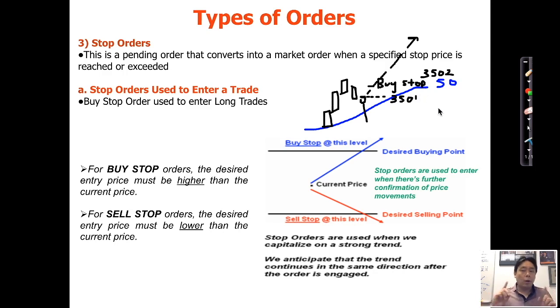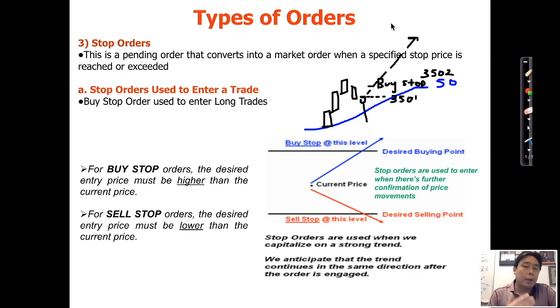Okay, so what does it mean? It means that if the price goes up as I anticipate and hits this stop price called 3502, it would trigger and convert into a market order and buy it right at that market price, which would hopefully be about 3502 or at the very most 3503, and I'm in the trade.